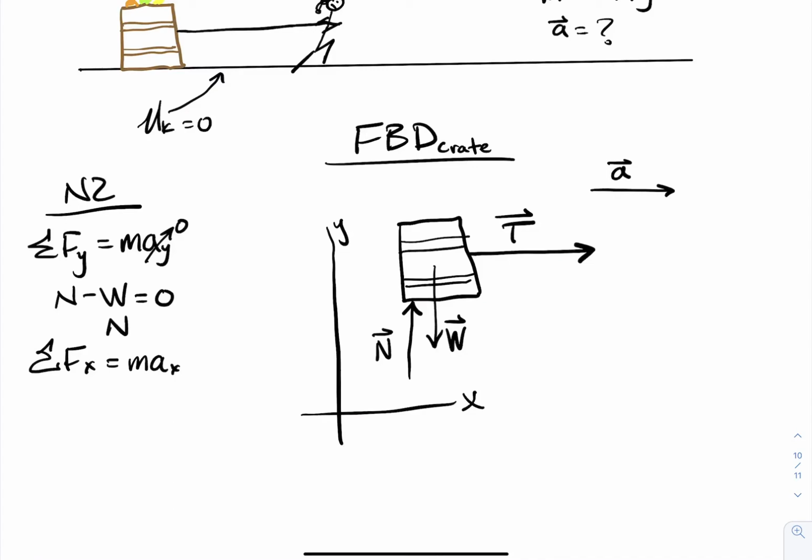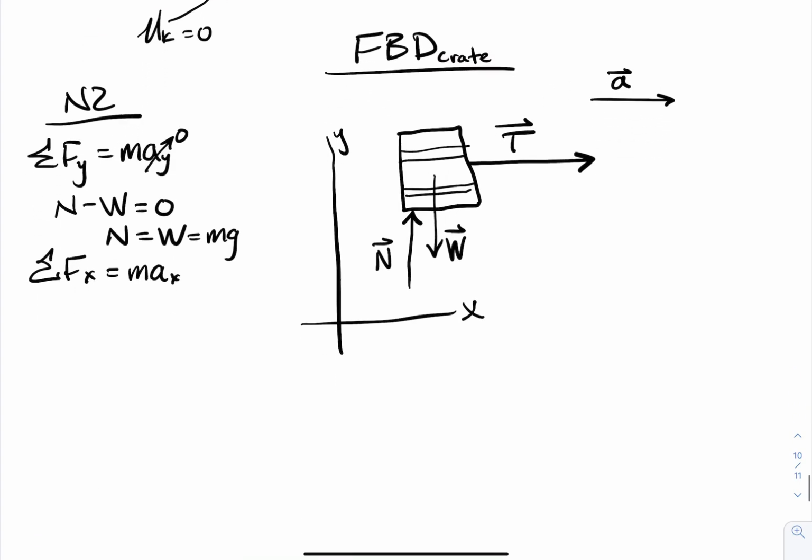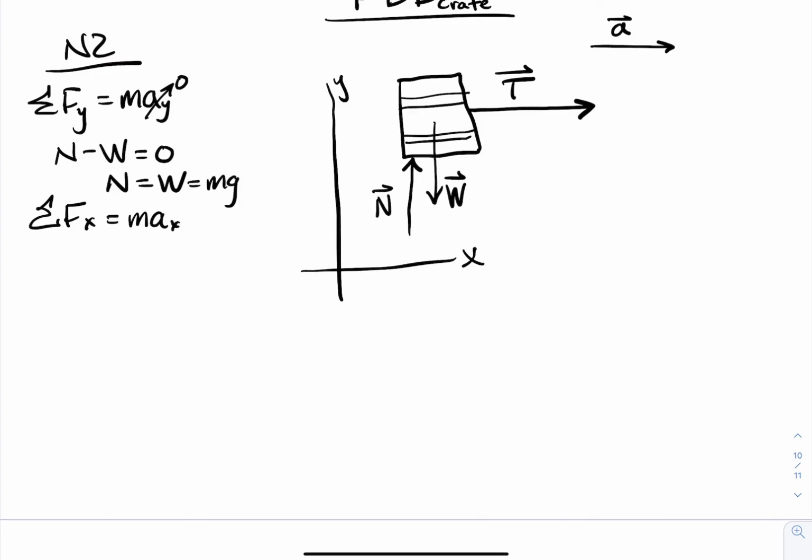And this will just tell us that the normal equals the weight force, and weight is always mg. So we could determine that normal force if we wanted. The problem doesn't ask us for it, so why spend extra time? We know that A is in the x direction, so I'll write A for that. And there's only one force in the x direction, and it happens to be going in the positive right direction.